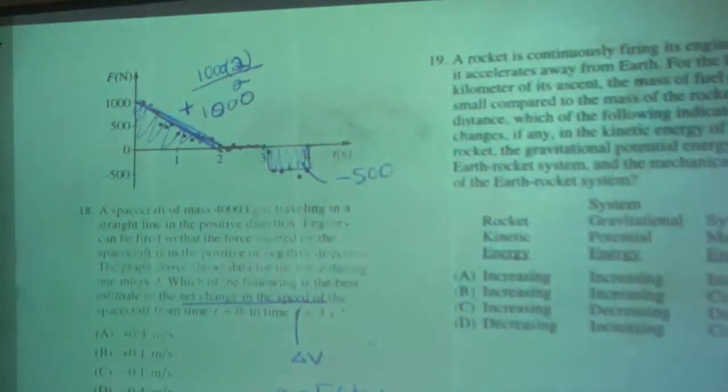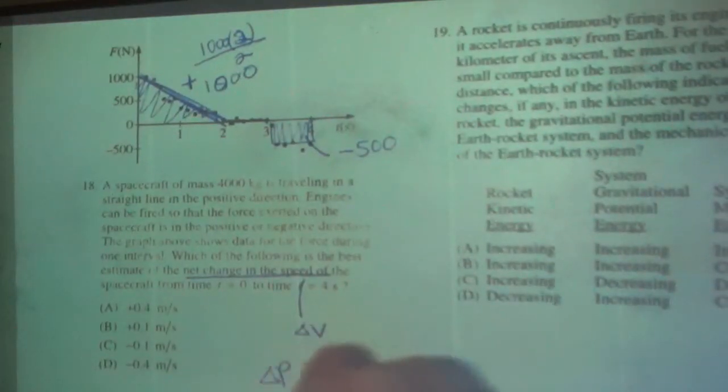And then here you can either do a triangle. I did a kind of rectangle in here because it looked pretty flat, just this one outlier right here. But again, just an estimate, just try to do the best you can. So then this would be base of 1 times height of negative 500. So this one has a change of negative 500. So if you're changing positive 1,000 and negative 500, overall your change in momentum is positive 500.